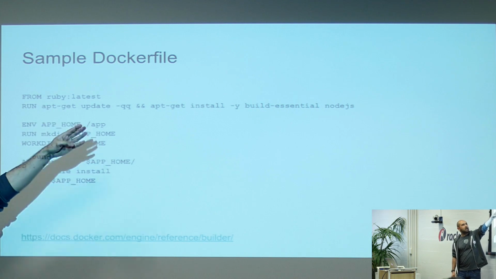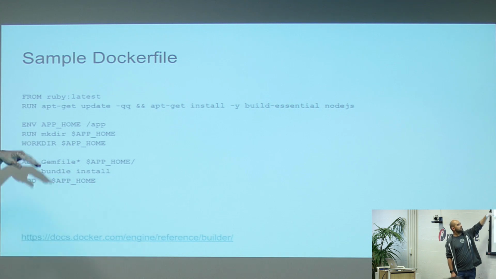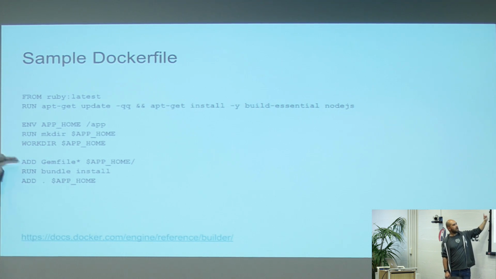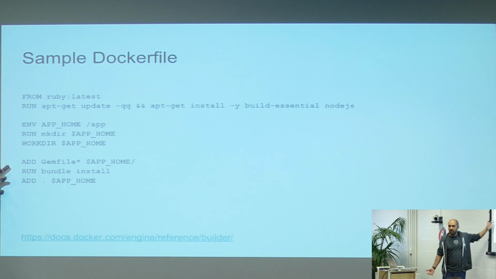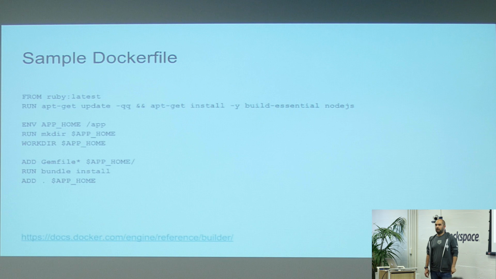We do an update and install build essentials and Node.js, and then we set the environment variable, then we create a directory based on that, set our work directory to that, and add a Gemfile, which in the Ruby world is like your npm package file, the way you get your dependencies for your application. Bundle install is like npm install, to get your packages installed, and then we add the whole application into the Docker image. Is everybody comfortable with this? Do I need to go into more detail?